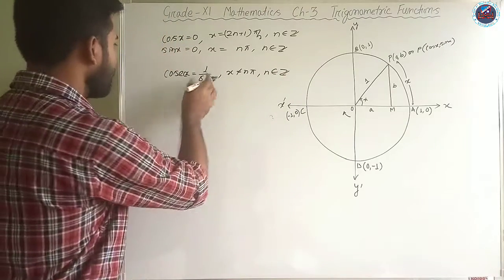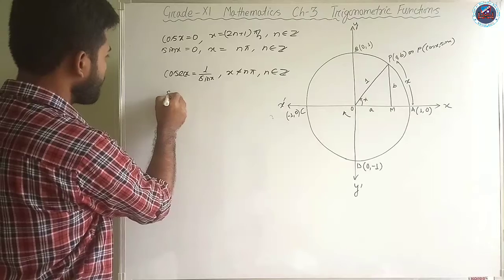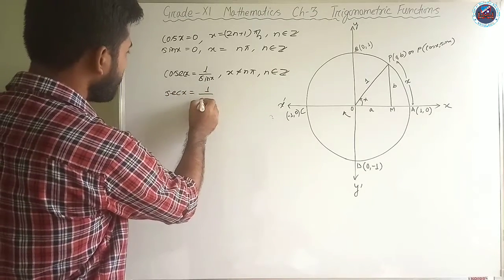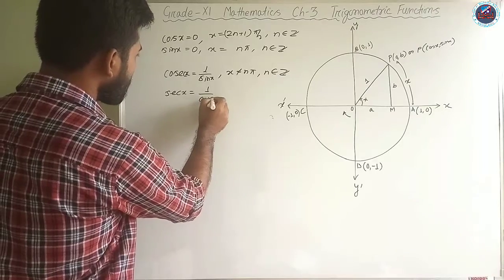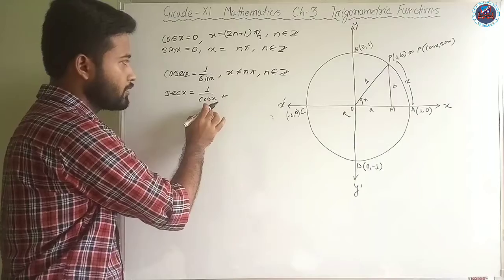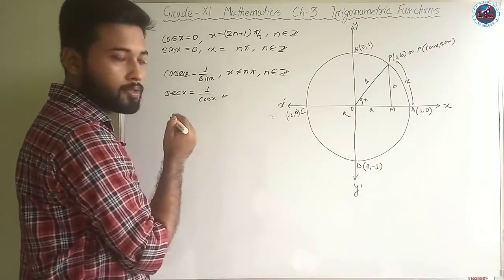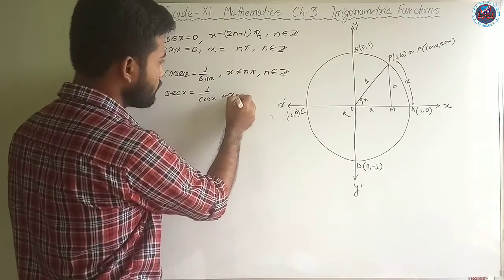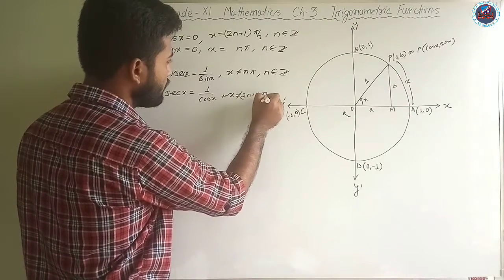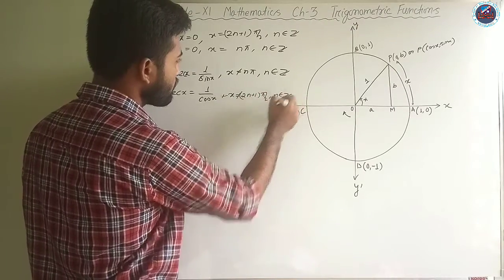Okay, and what about the sec? We can define sec in terms of cos, so that will be 1 by cos x, and since this is also a rational function, here cos x will not be equal to 0, and the condition will be x not equal to twice n plus 1 pi by 2, where n belongs to the set of integers.